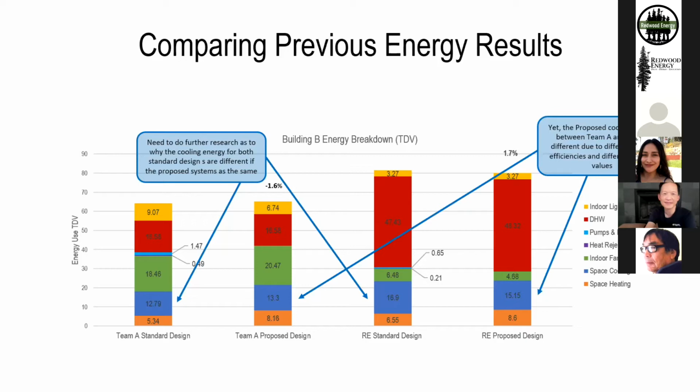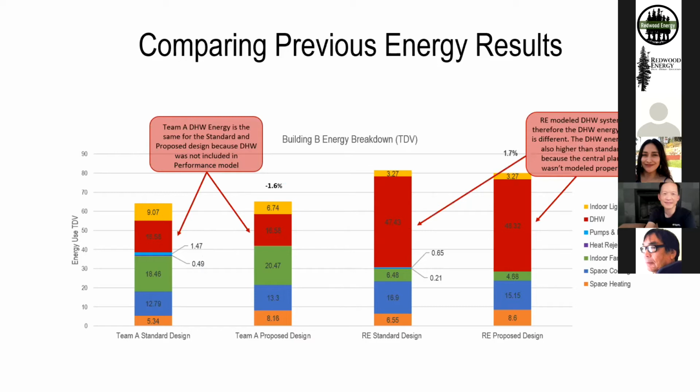And then the proposed cooling energy between Team A and Redwood Energy is also different, due to HVAC efficiencies and differences in glazing values, and that can affect the space cooling energy.